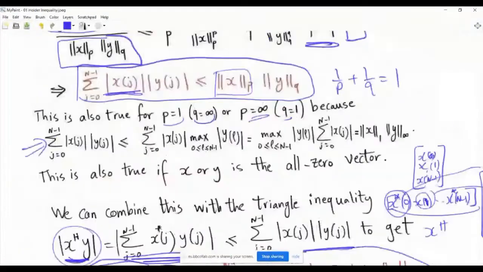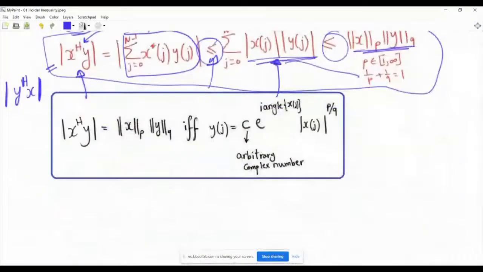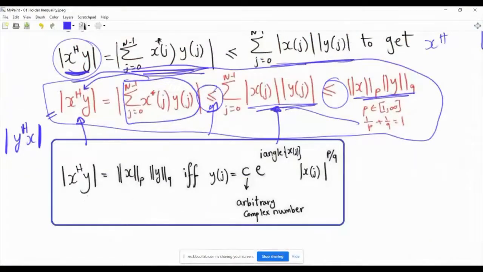I will just mention here the final result, that the magnitude of the inner product is basically the product of these two norms, again, not arbitrary norms, but with 1 over p plus 1 over q equal to 1, if and only if you have this relationship between the components of vector y and the components of vector x.